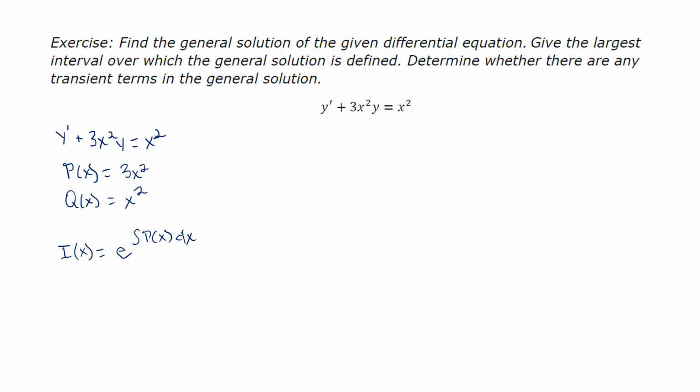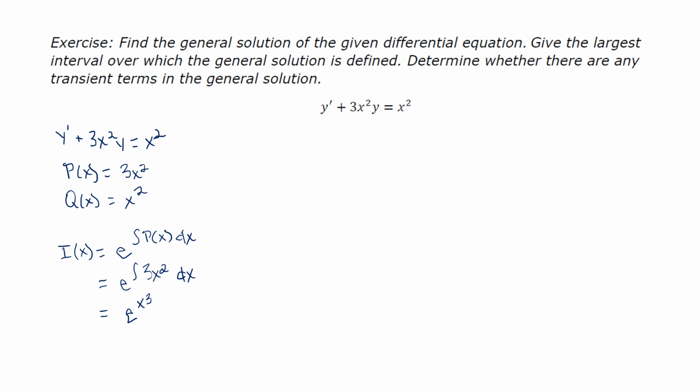Okay, so when we substitute in p of x into this, we get e to the integral 3x squared dx. When we simplify this, we'll get e to the x cubed. Okay, so that's step 2, finding the integrating factor.